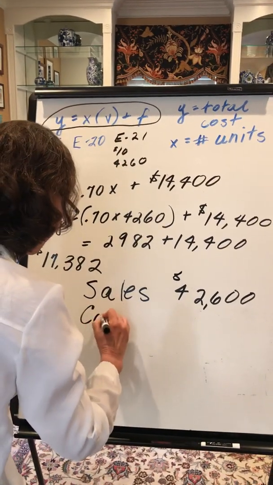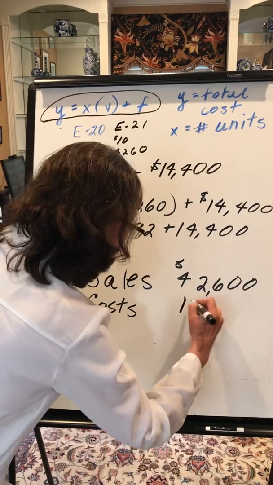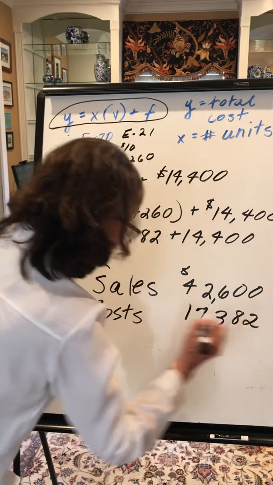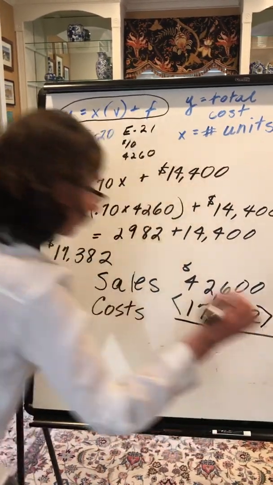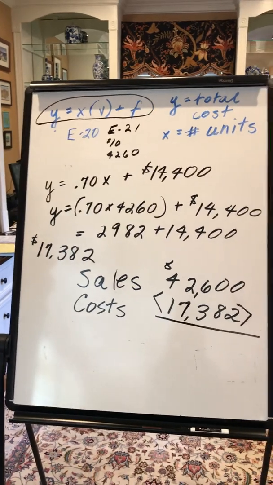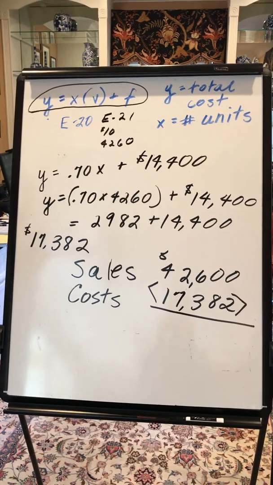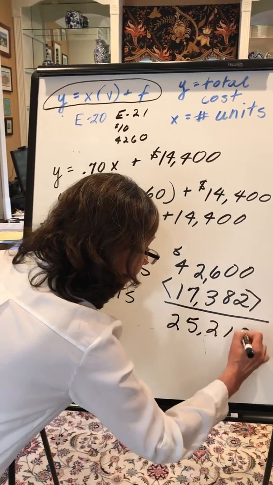Their costs will be $17,382. So their profit will be $25,218.